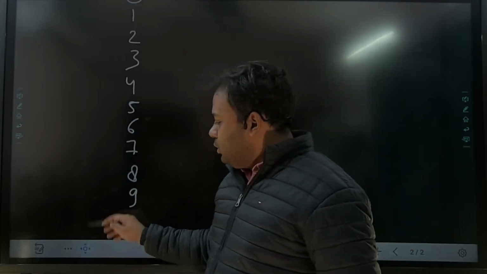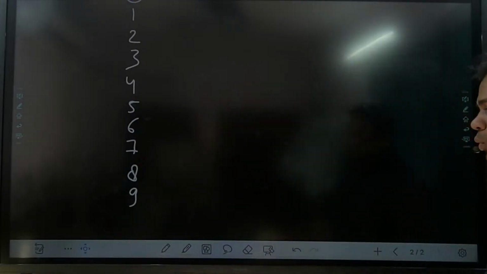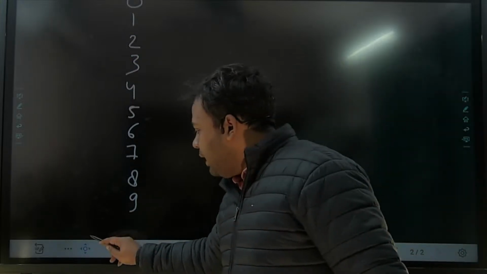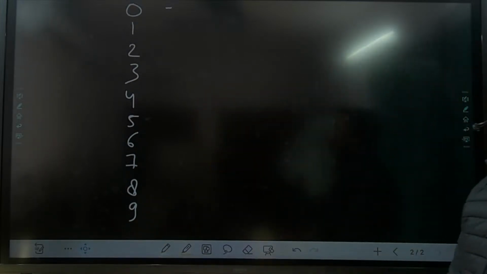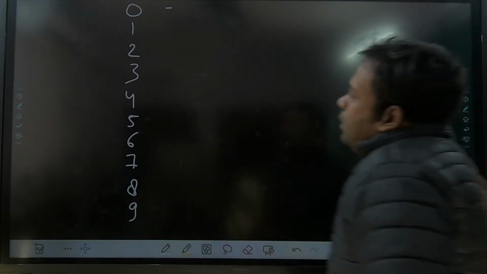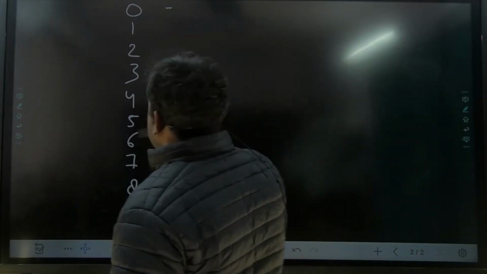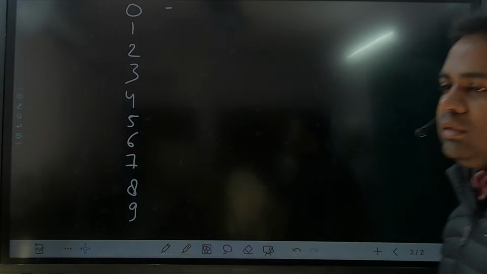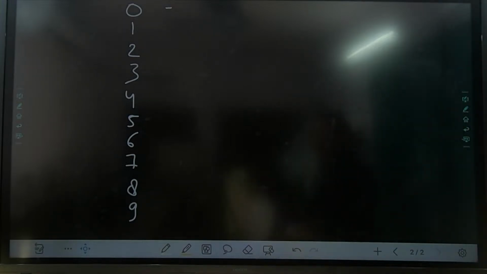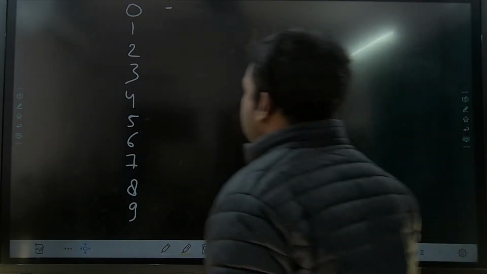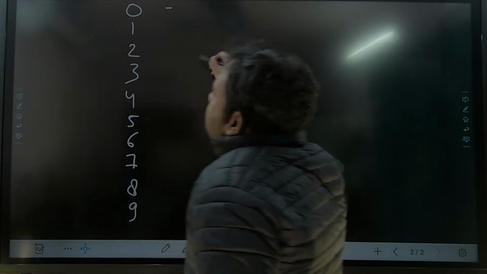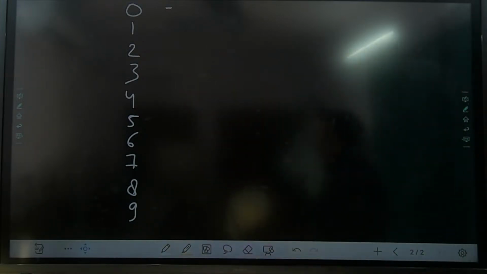Because we have to find the square of the number and then focus on the last digit. The last digit of any number is the only thing important for us, because if you square a number, only the square of the last digit will determine the last digit.